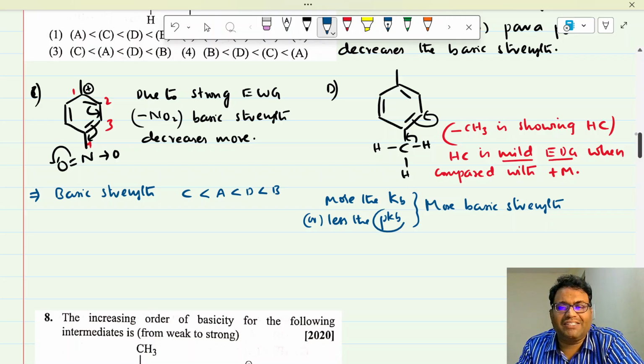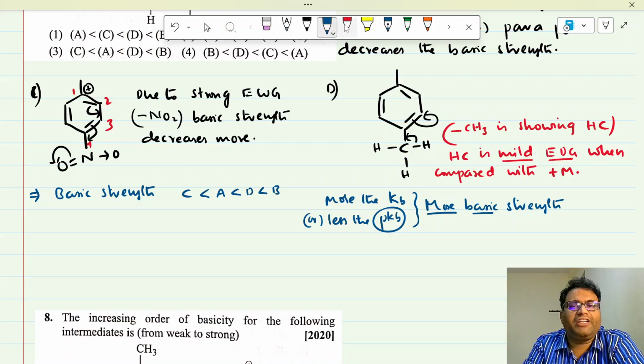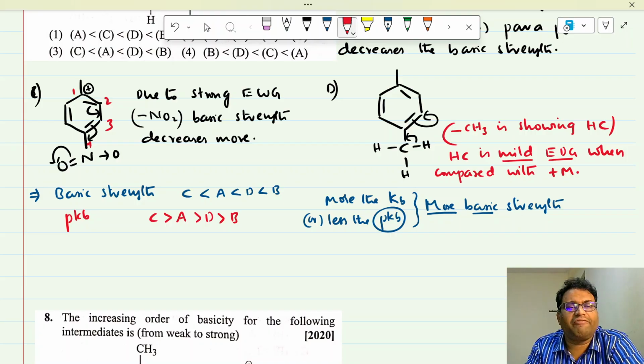If pKb is less, it will be more basic. So C has more pKb than A, D, B. Less the pKb, more basic.